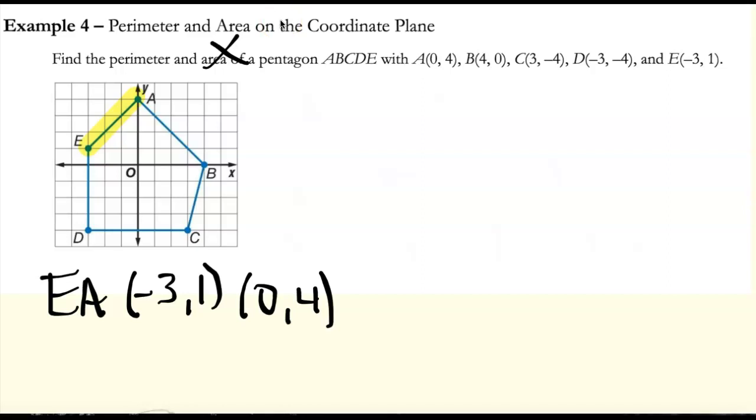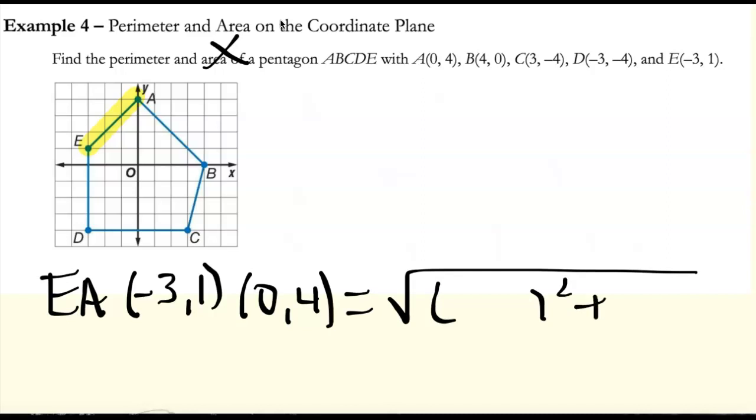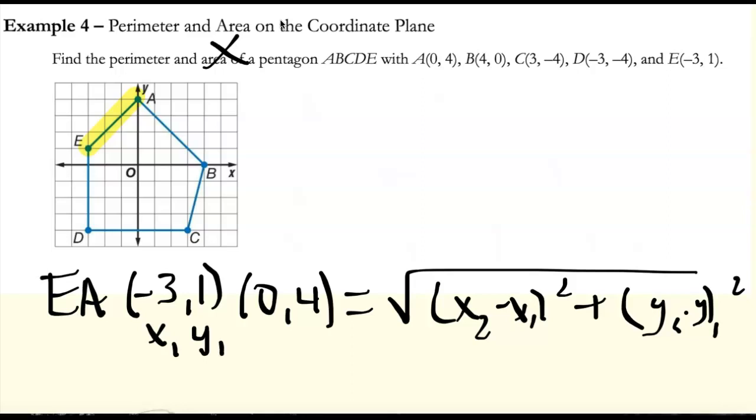So since we need to know that distance, what we're going to use is the distance formula, which is this formula here, where we have the difference of our x's, and we just plug in our numbers. So let's say this is x sub 1, this is y sub 1, this is x sub 2, this is y sub 2, and then we're just going to plug into our formula.